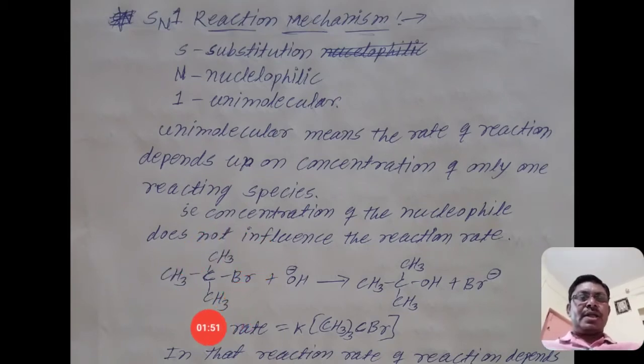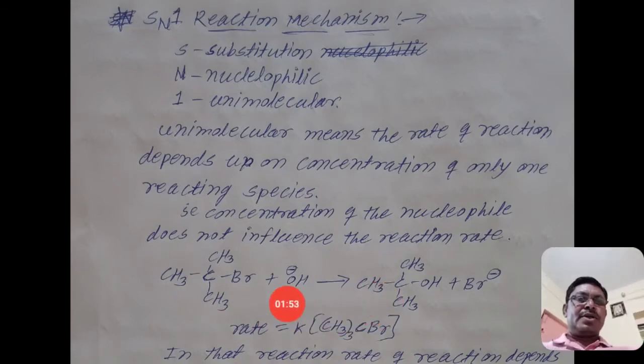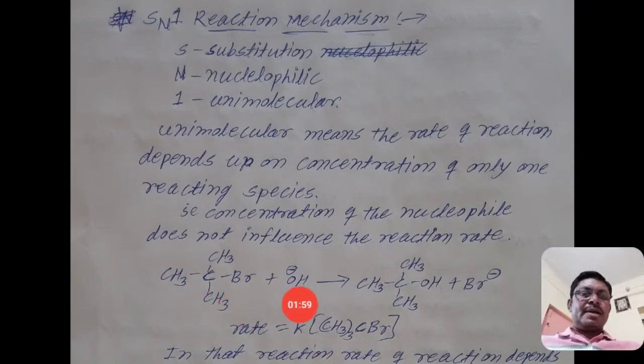In that reaction the rate of reaction changes when the concentration of that species is changed. That means the concentration of tertiary butyl bromide influences the rate of reaction.